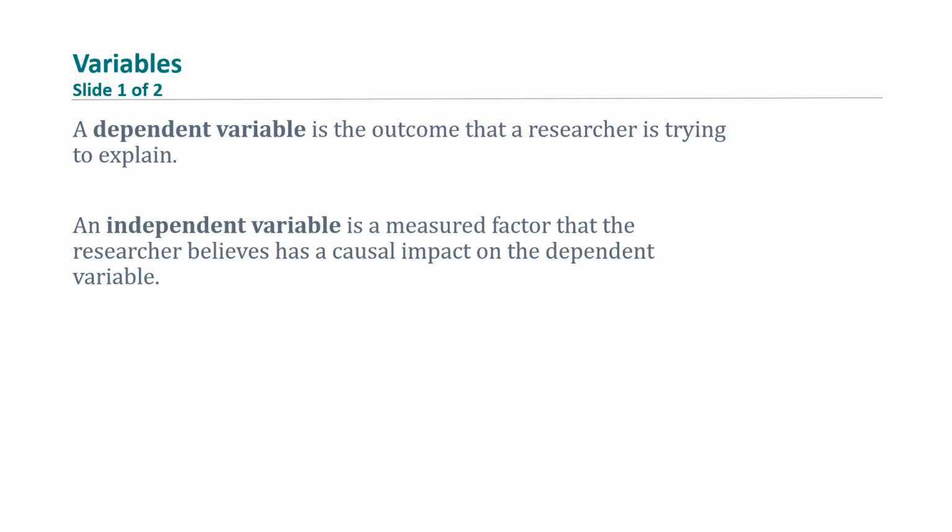Those things may impact why people are overweight or obese. So the dependent variable is the outcome, and it doesn't often change. The independent variables, or the IVs, impact the DV and can impact what those outcomes are.